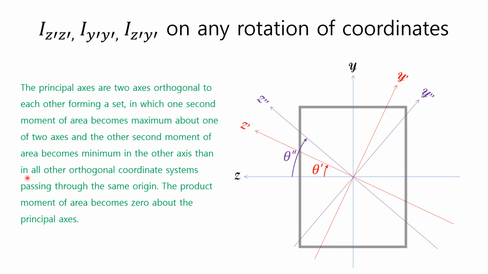Then the product moment of area becomes 0 about the principal axes. I will explain how to find the principal axis from an arbitrary coordinate axis.